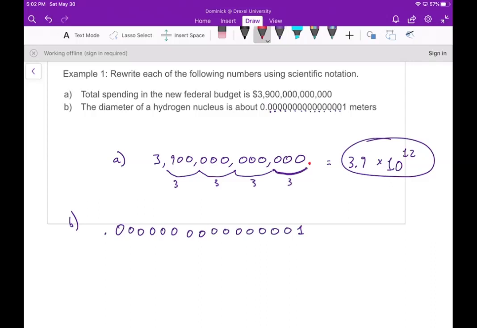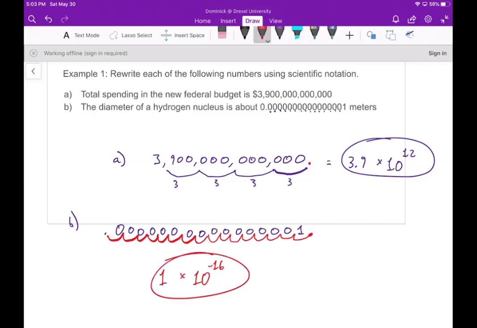So now I need to move the decimal this way. We need to go 1, 2, 3, 4, 5, 6, 7, 8, 9, 10, 11, 12, 13, 14, 15, 16 spots to the right. So this is going to be 1 times 10 to the negative 16. All right, so that would be that example.